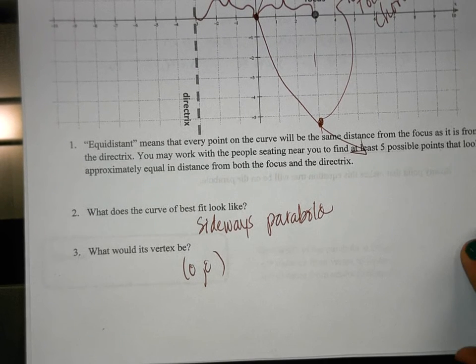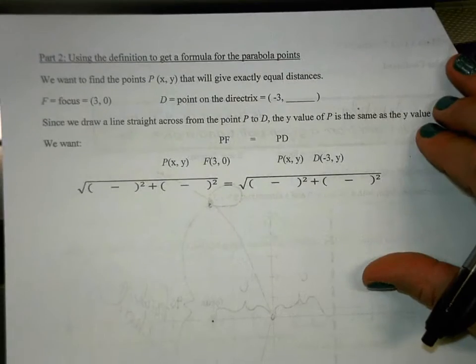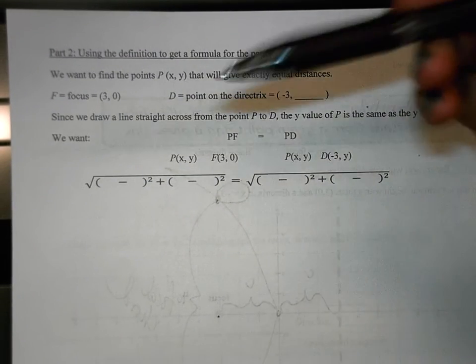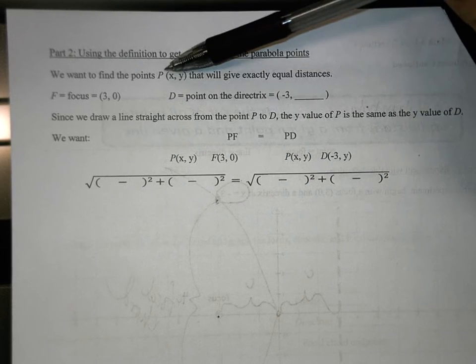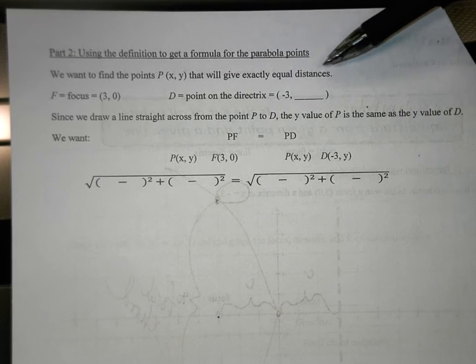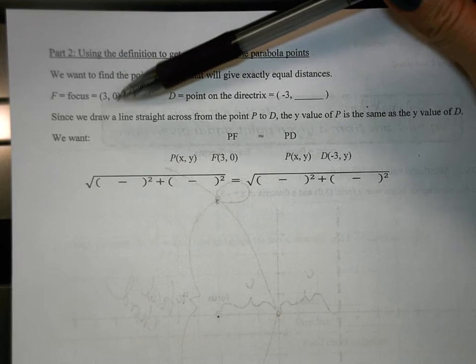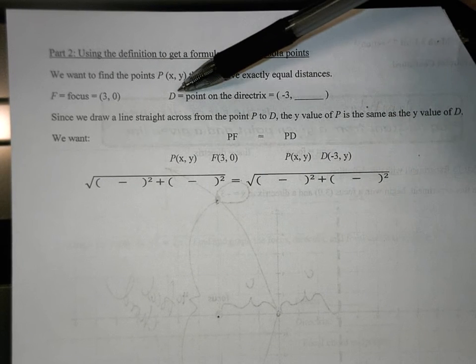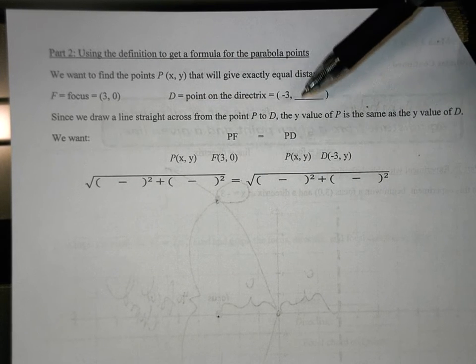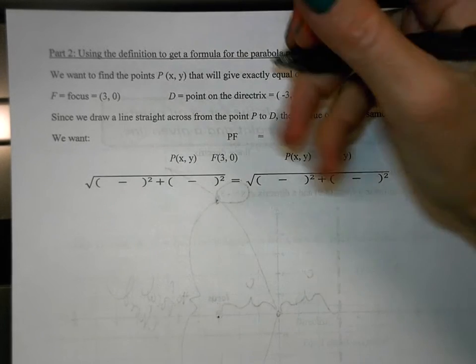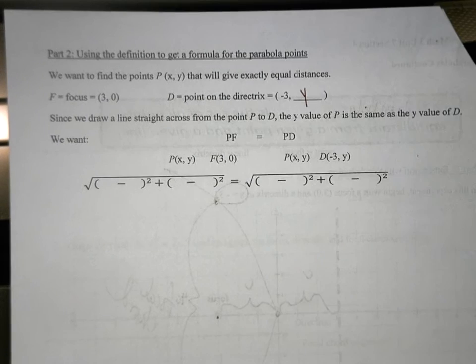Okay, and so we write our equation doing the same thing as we did before. We want to find the point P, x, y, that will give us the exact equal distances. So our focus on this problem was 3, 0, and D equals a point on the directrix, and this time it's going to be negative 3, y.